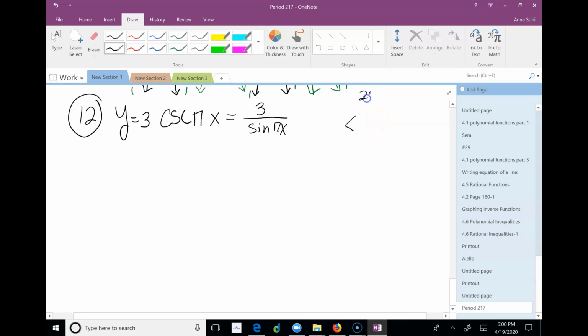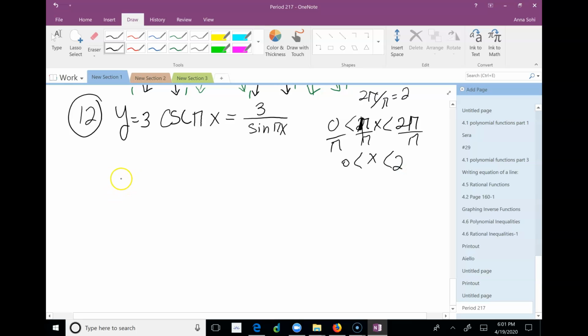you can say 2 pi over pi, so the period is 2, or you would say between 0 to 2 pi for cosecant, so you divide everything by pi to isolate x, so x is between 0 to 2.